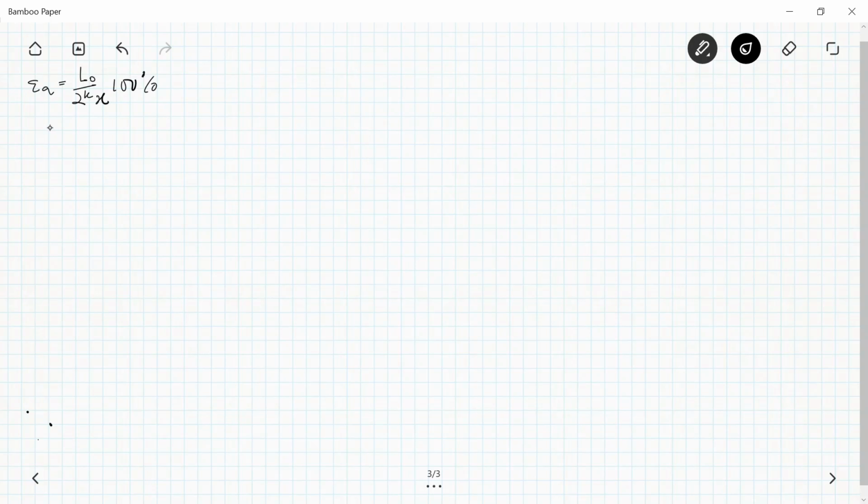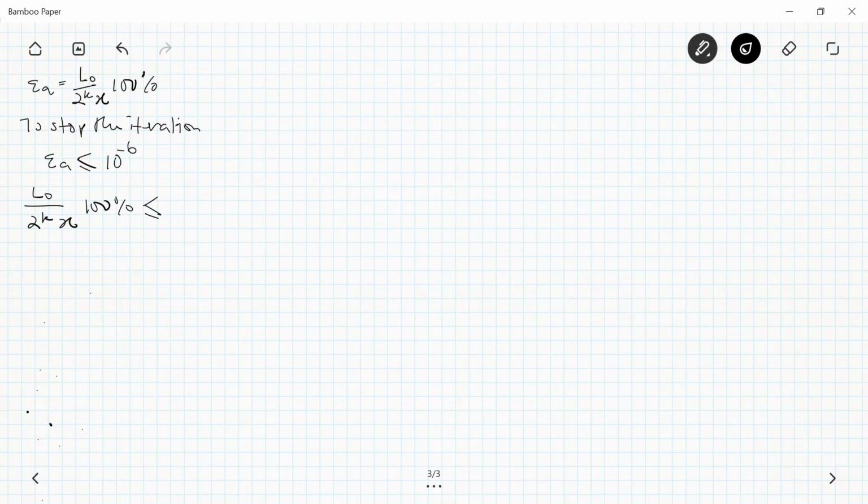And the requirement to stop the iteration is when epsilon A is smaller or equal to 10 to the minus 6. So epsilon A, which is L naught over 2 to the k times x, times 100%, should be less than 10 to the minus 6. But what is 10 to the minus 6 in terms of epsilon S?